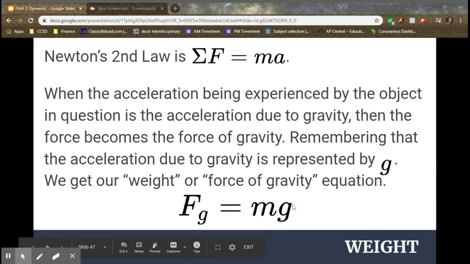That's our 9.8 meters per second squared. You can round that to just 10 meters per second squared, but if the only force causing acceleration is the force of gravity, then Newton's second law becomes this equation right here. This is what we call the force of gravity. I like to call it the weight of an object.